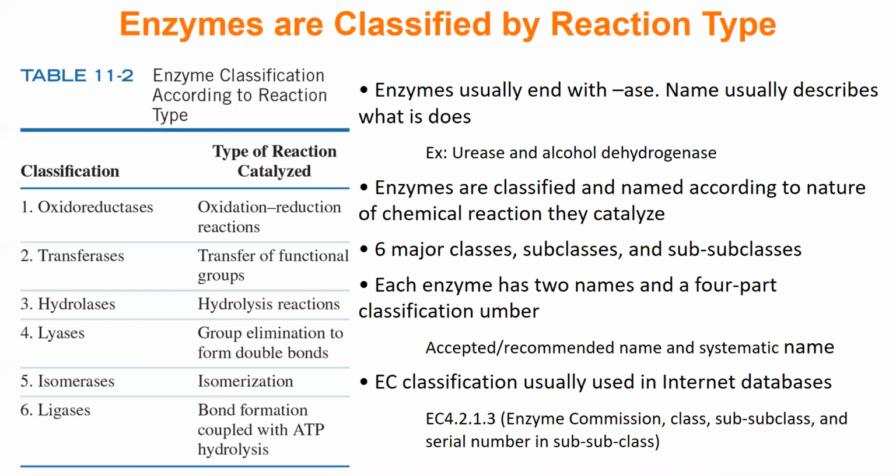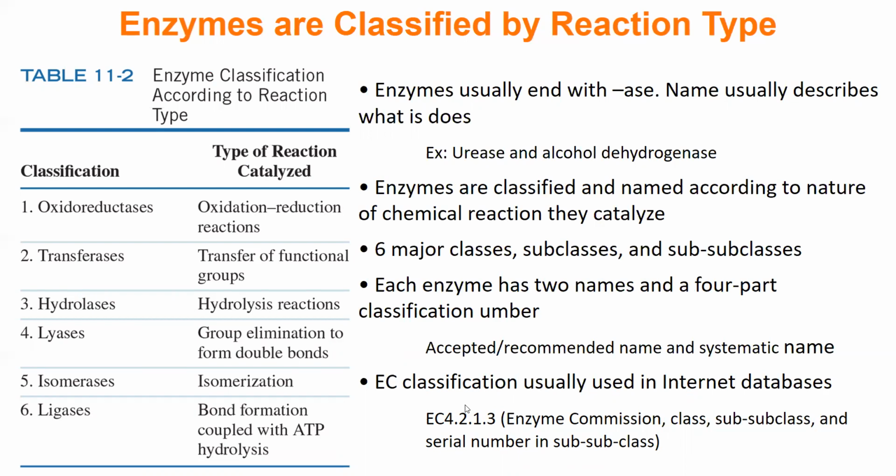Newer enzymes that are discovered usually have much better names than old enzymes that were discovered in the 50s and such. And when you find a new enzyme, there's a systematic way to number it, similar to IUPAC for naming organic chemicals. Here we have a numbering system for enzymes, where they have a class, a subclass, and so on. So here we have like EC 4.2.1.3.